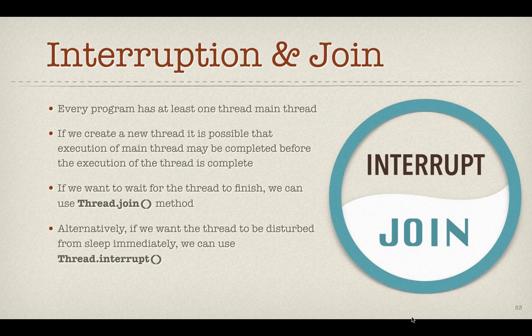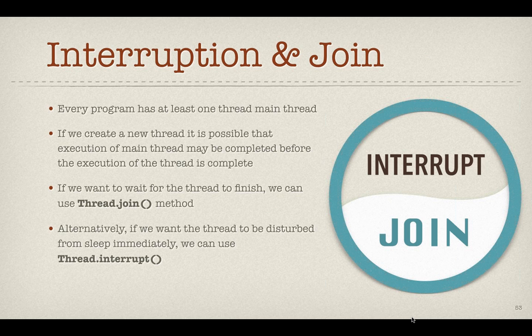Every program has at least one thread, that is the main thread. If we want to wait until a child thread finishes its execution, we have to use a method called join. If we call object.join, our main program will wait until the other thread finishes its execution.